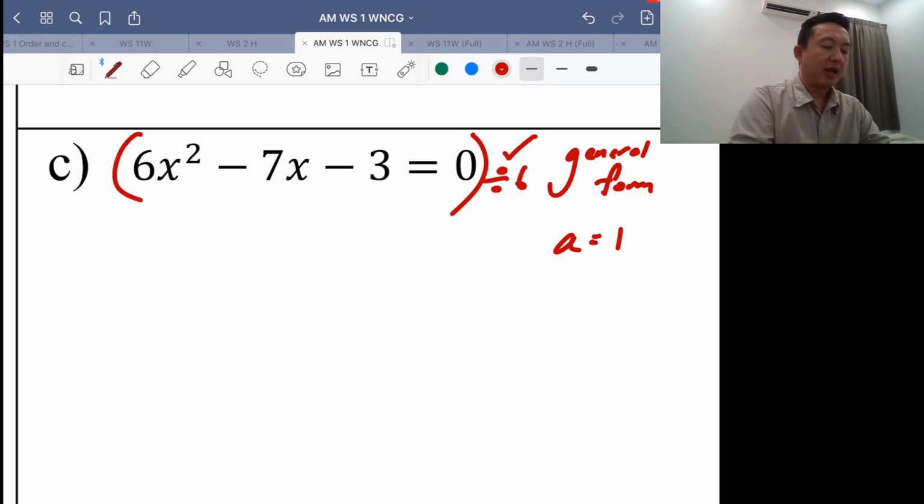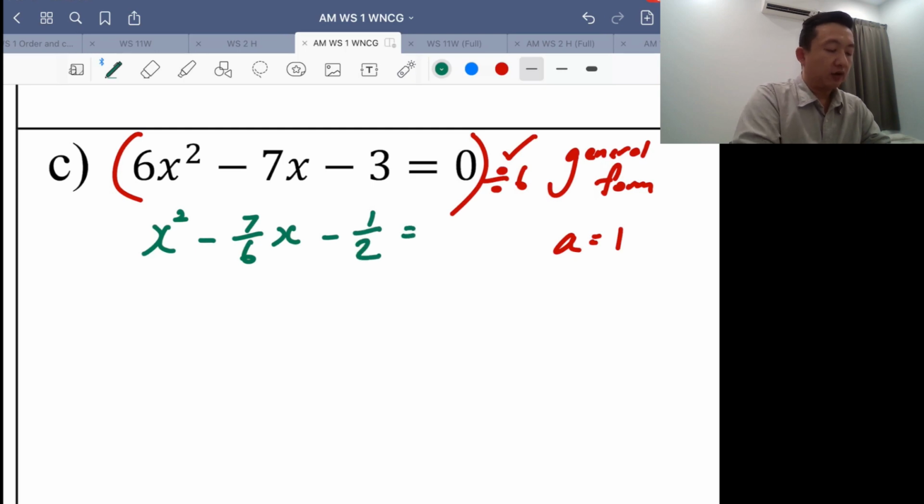So if we divide everything by 6, then x squared minus 7 over 6x, right? Minus 3 over 6, which is 1 over 2. And 0 divided by 6 is 0. Then now a equals 1. Okay, so more things and more steps to go on.